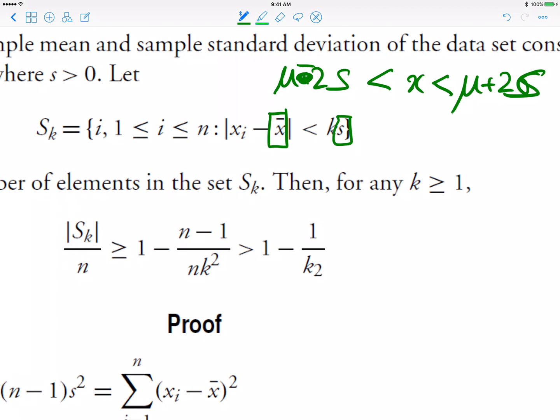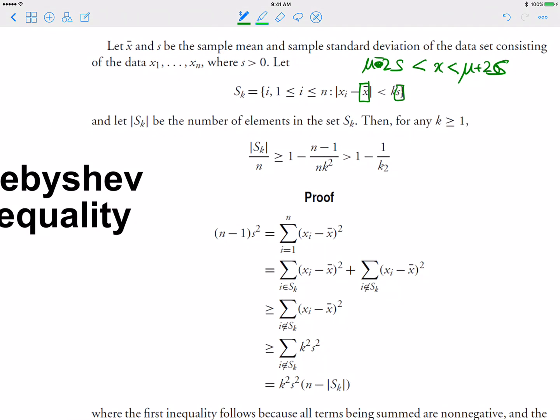Then we compute the relative count, or relative frequency, of our data items falling into this region. We have the mean as the center, and a range deviated by 2 times the standard deviation. That relative count is represented as this.